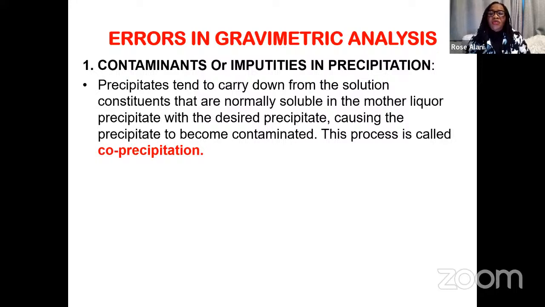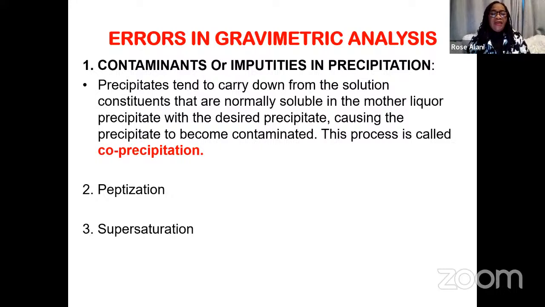And so this leads to co-precipitation. Some compounds are able to go into solution in the mother liquor and also able to precipitate, and can co-precipitate with our desired analytes. That is one.